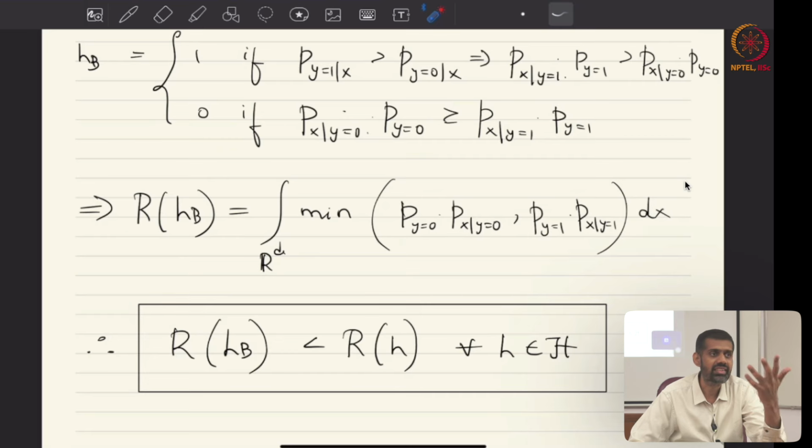Can I extend this result? Turns out that you can. I will give you one case where, instead of solving a binary classification problem, suppose you are solving a generalized classification problem with k classes. So in this case, what should the Bayes classifier look like?